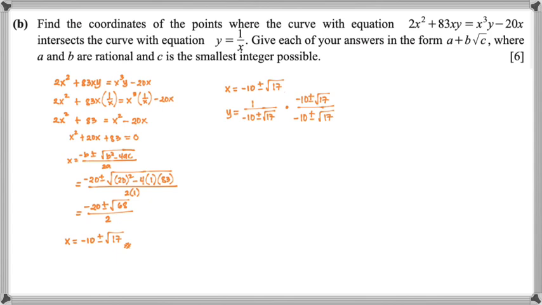We'll get y is equal to, cancel out, negative 10 over 83 plus or minus square root of 17 over 83.